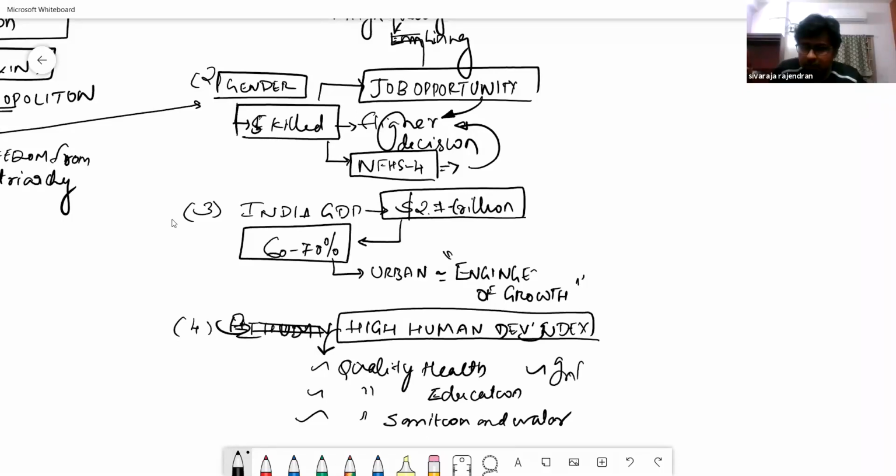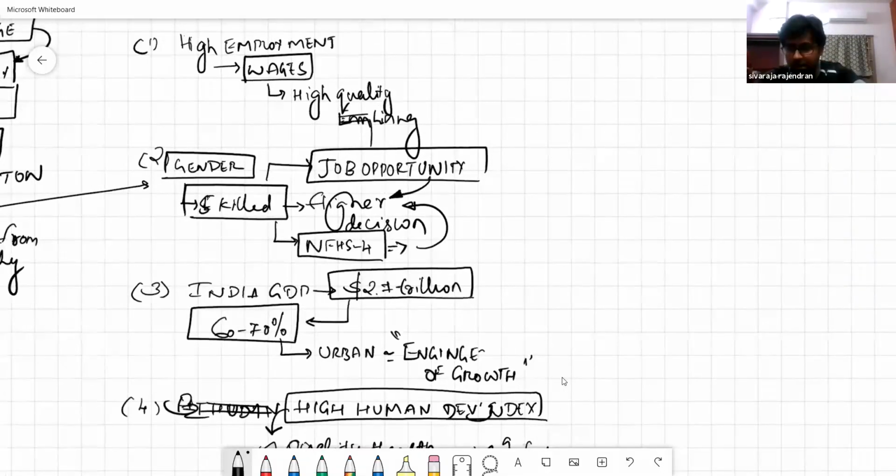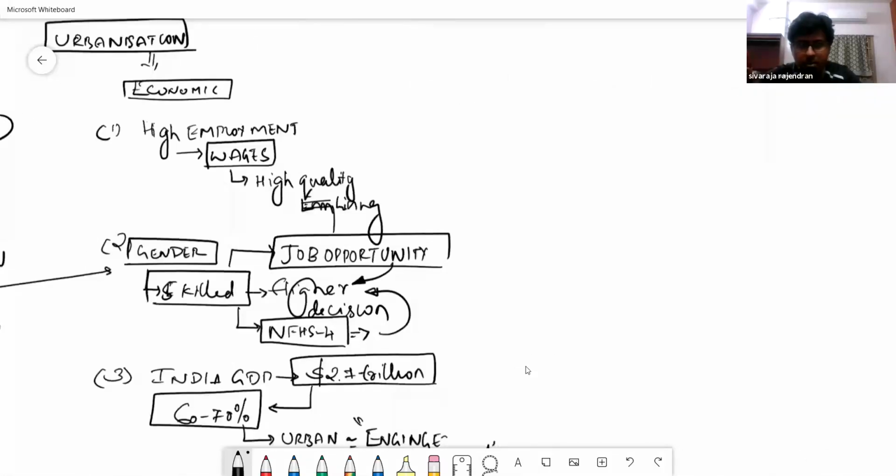Infrastructure, everything is in it. So I have this high human development index, and I say that it is access to resources, everything, education also high, so under high human development index I put this. So next, under economic impacts of urbanization I have 4 points.